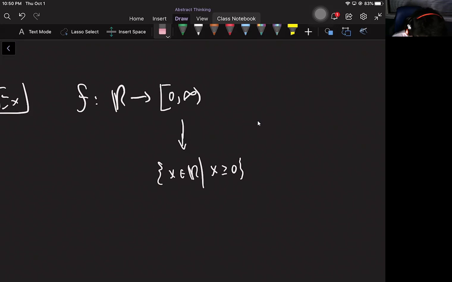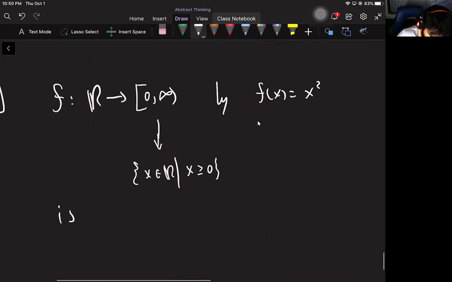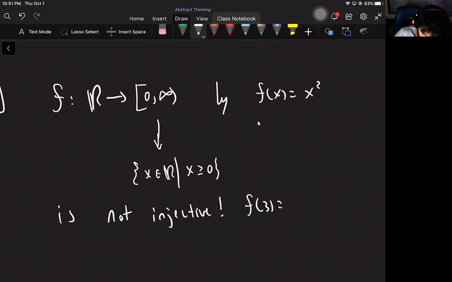Okay. So let's define this by f of x equals x squared. So this one, we already sort of said earlier, but we were going from R to R, is not injective because f of 3 equals f of negative 3. Sorry, not injective, but it is surjective.